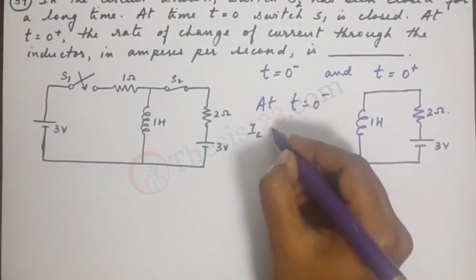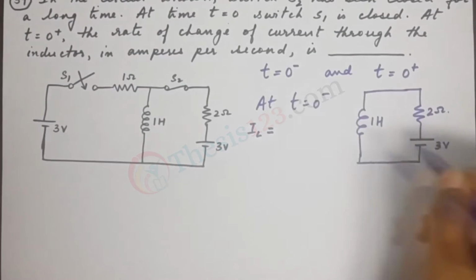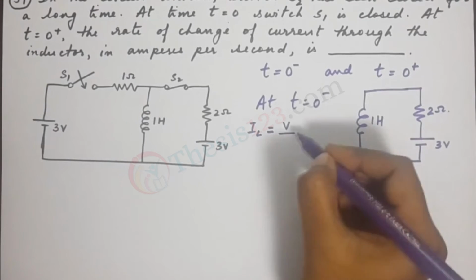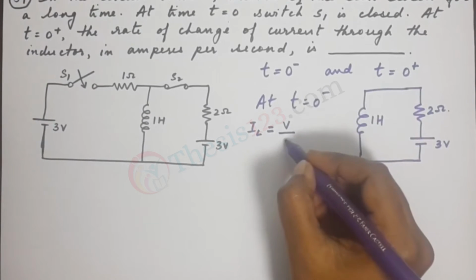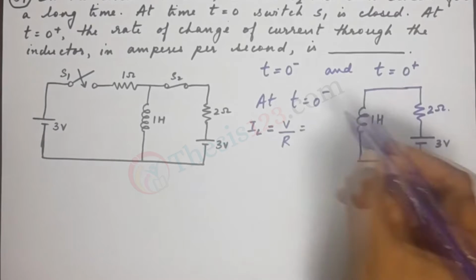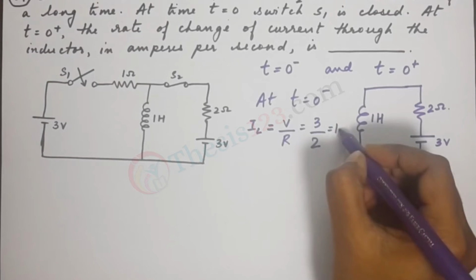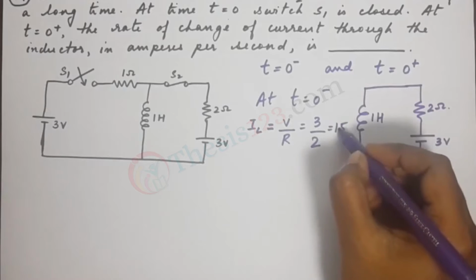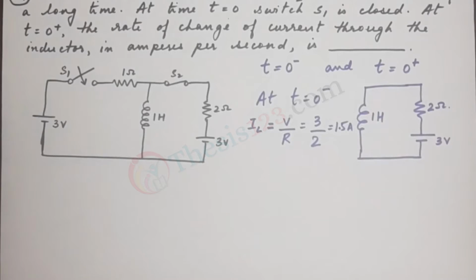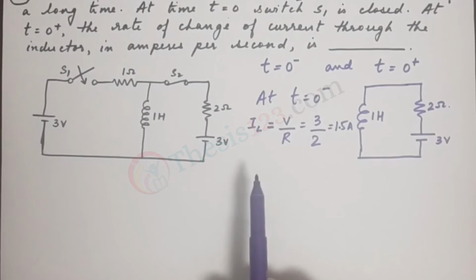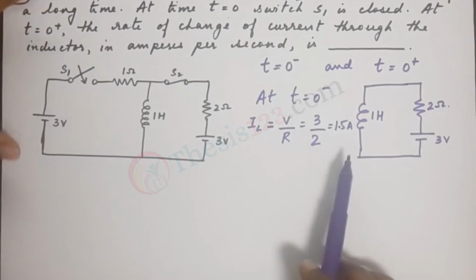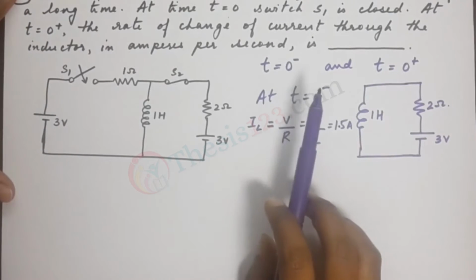By Ohm's law, V by R, that's 3 divided by 2, which equates to 1.5 amps. So this is the inductor current at t equals 0 minus.